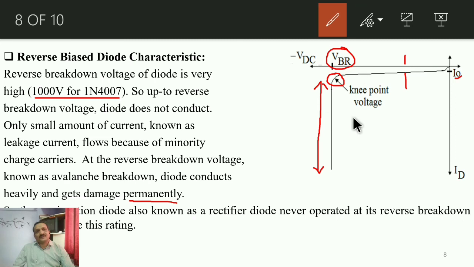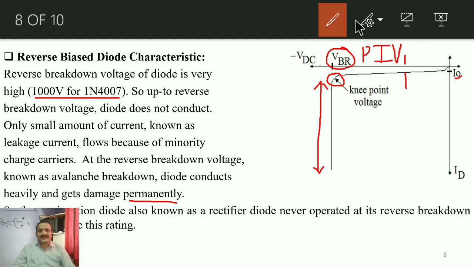So from this discussion, the care you have to take whenever you use any diode in any application is to read its VBR. This VBR is also known as PIV, the peak inverse voltage handling capacity. You might have learned it when you studied the application of diode as a rectifier.